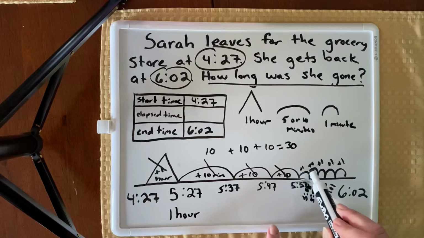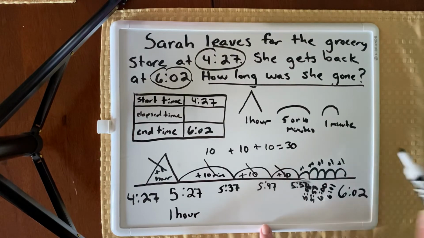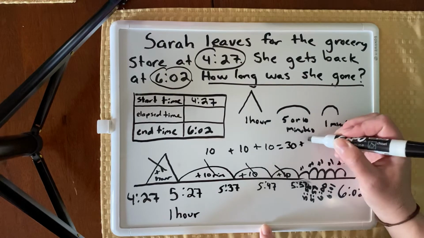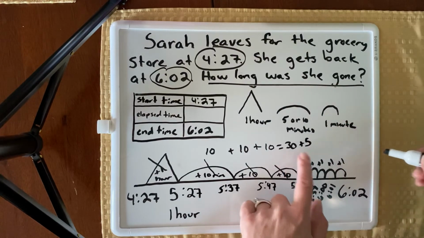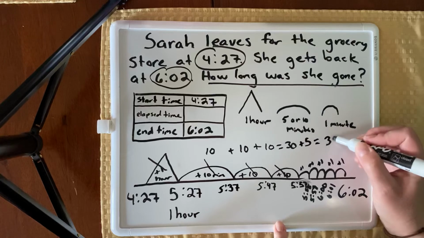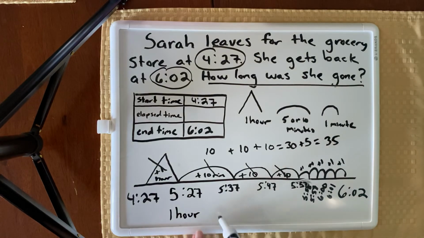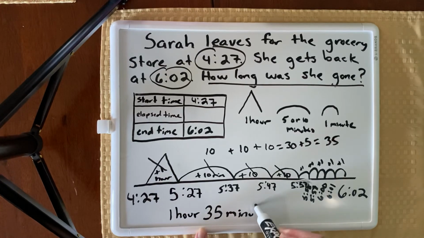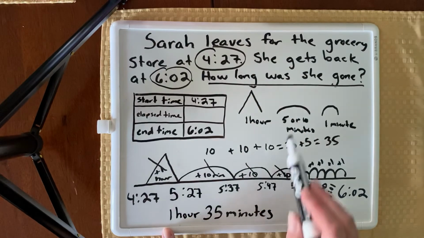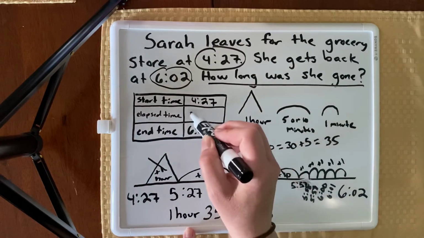And then I have 1, 2, 3, 4, 5 hops of 1. And I know that 30 plus 5 is equal to 35. So I've done 1 hour and 35 minutes of hops. So I know that Sarah was gone for 1 hour and 35 minutes.